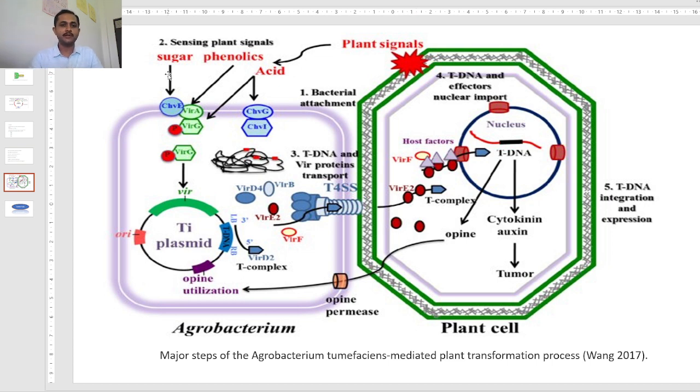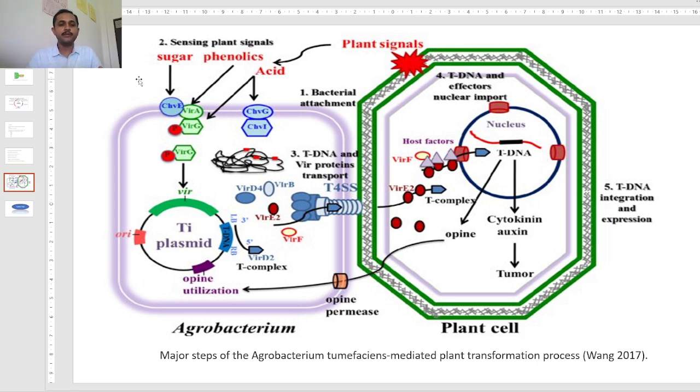After the sensing, the signaling starts, where these phenolic signal compounds start synthesis of VirA. VirA further activates VirG, and this VirG also has autocatalytic activity. It activates other VirG expression, and when VirG proteins are in sufficient amount, they activate other Vir genes like A, B, D, E, F.